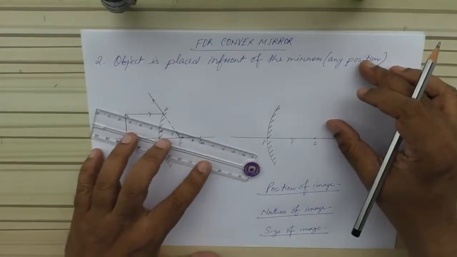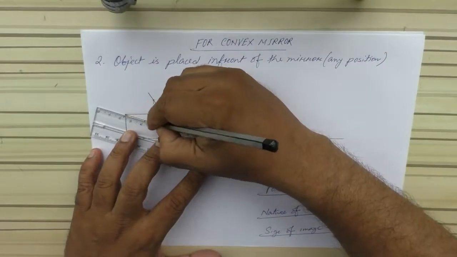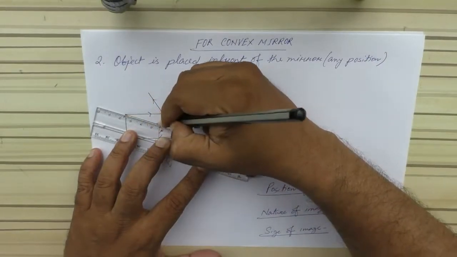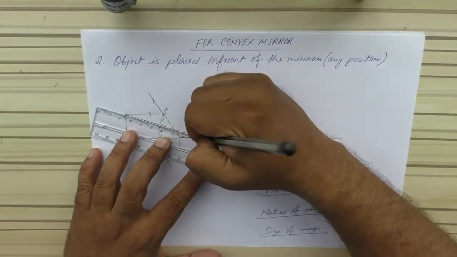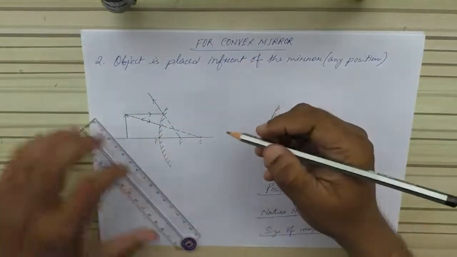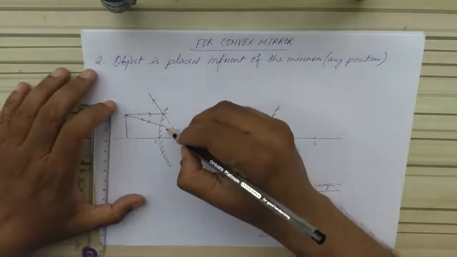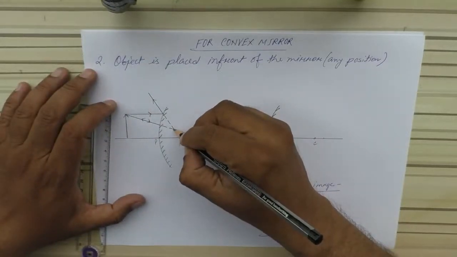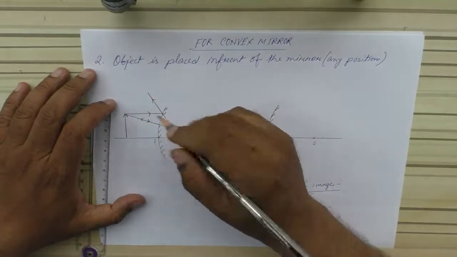And if a ray of light appears to converge at center of curvature, this light ray retraces its path. So it appears that the two reflected rays are diverging from this point, this one as well as this one.